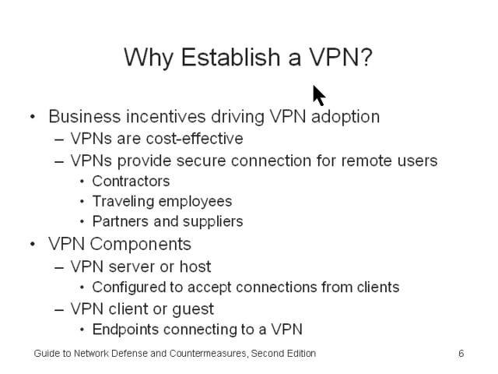VPNs also provide secure communication between remote users, such as contractors, traveling employees, partners, and suppliers. Whether you know it or not, one of the big problems in industry is industrial espionage, and companies want to get a leg up, so one of the ways they can do this is do things that are illegal, such as listening in on other people's telephone conversations, and probably most easily, to sniff the packets going across the internet.